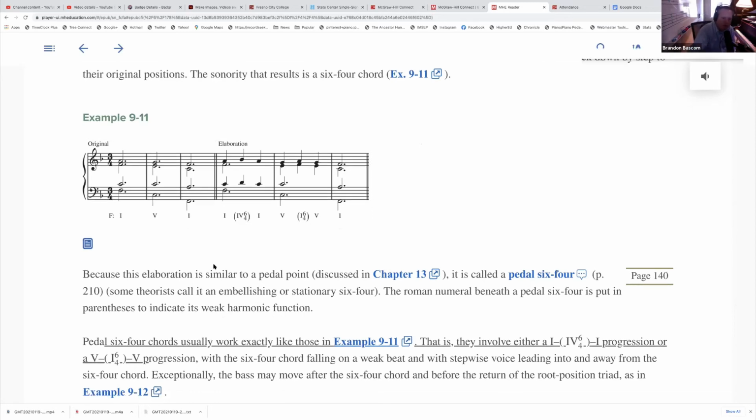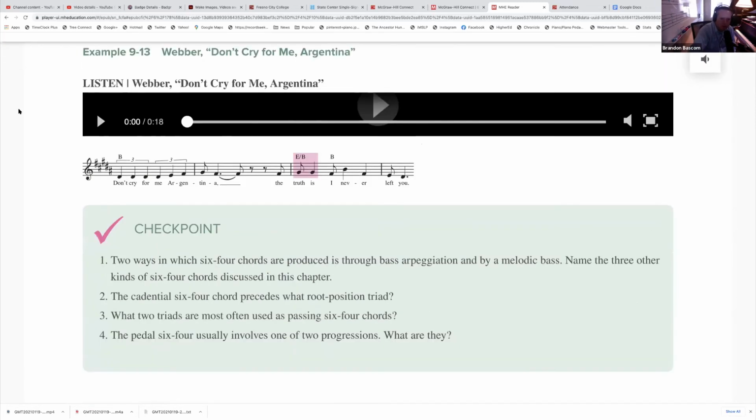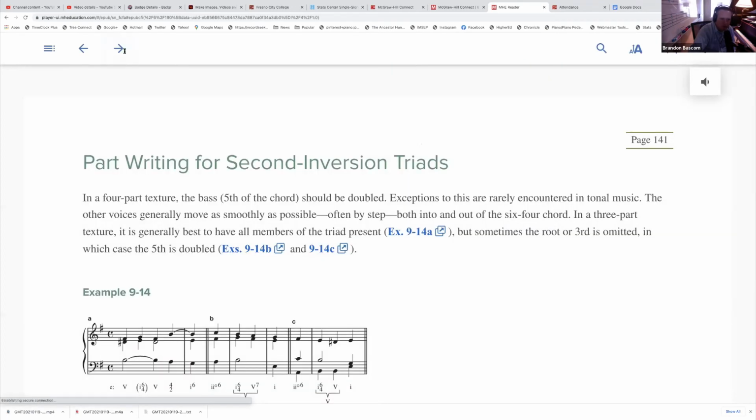All right. What's next? Part writing for second inversion triads. In a four-part texture, the bass, the fifth of the chord, should be doubled. Exceptions to this are rarely encountered in tonal music. The other voices generally move as smoothly as possible, often by step, both into and out of the 6/4 chord.